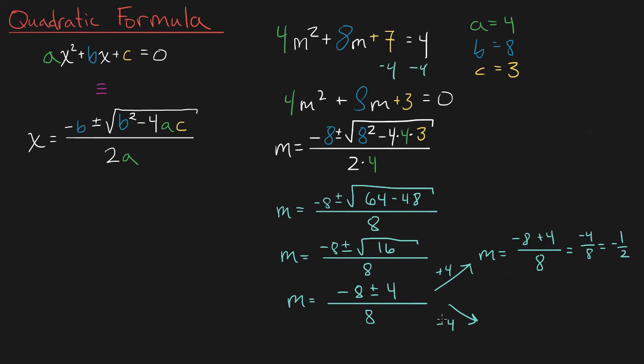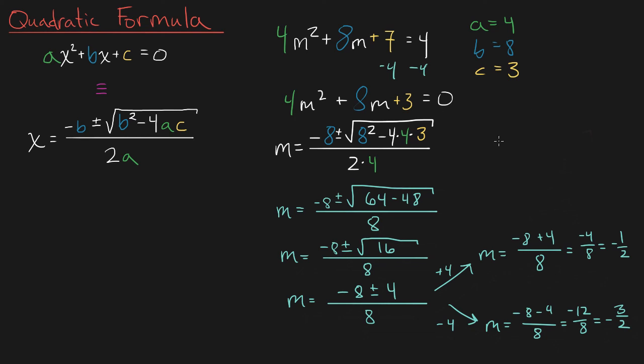And then for this version of the equation, we have m is equal to negative 8 subtract 4 over 8, which is equal to negative 12 over 8, which is equal to negative 3/2. So these are our two solutions for this equation.